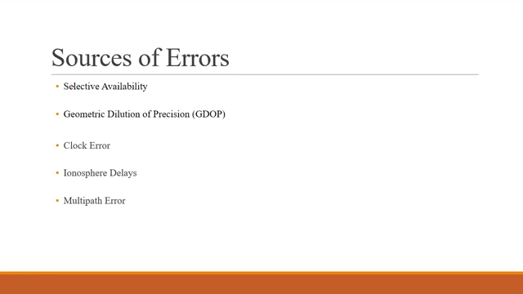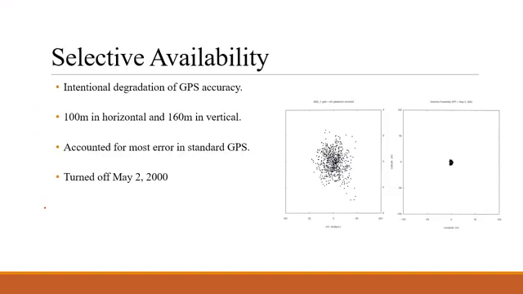These are the sources of errors: selective availability, geometric dilution of precision, clock error, ionosphere delays, and multipath error. Covering the topics one by one.